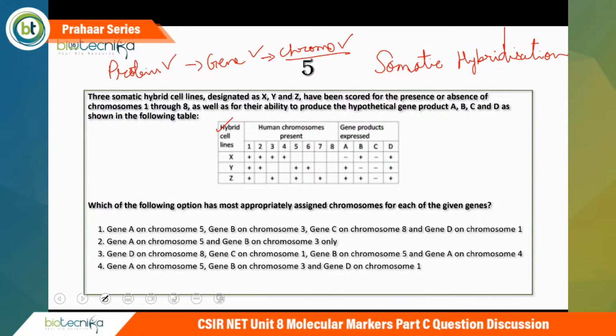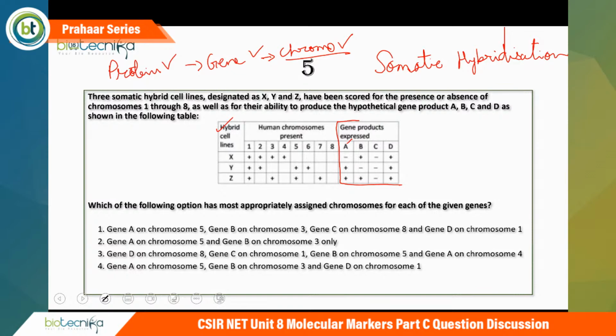Right. So which of the following options has most appropriately assigned chromosome for each of the given genes? For that, see the gene products expressed. Let's see this column first. The gene product expressed for A is showing an expression of minus plus plus.